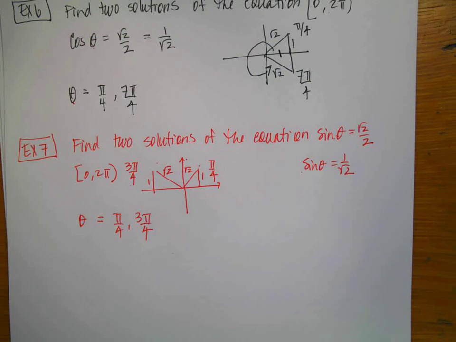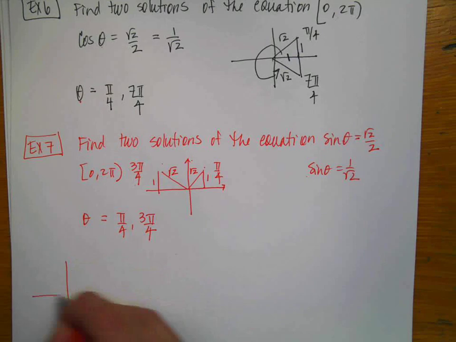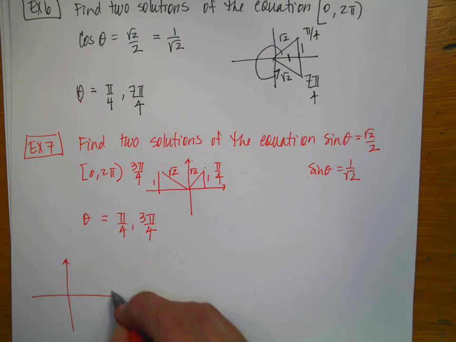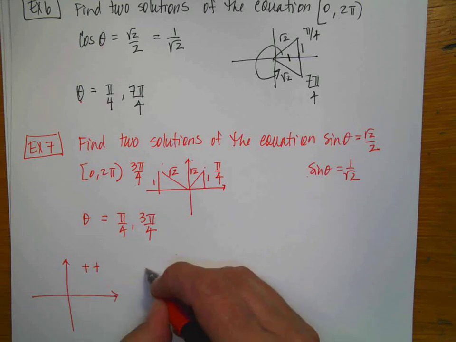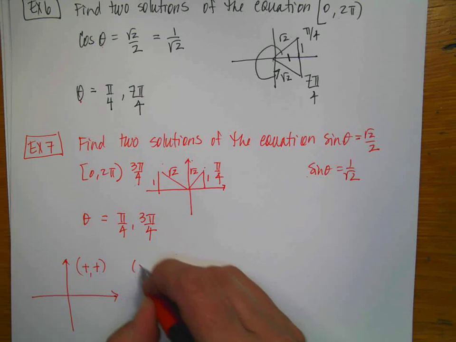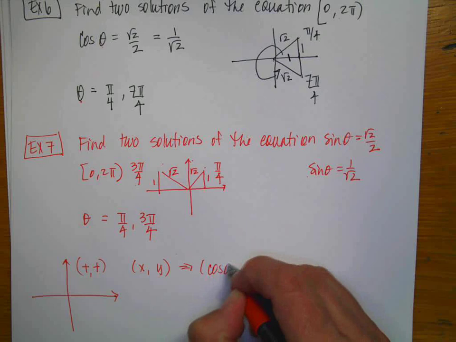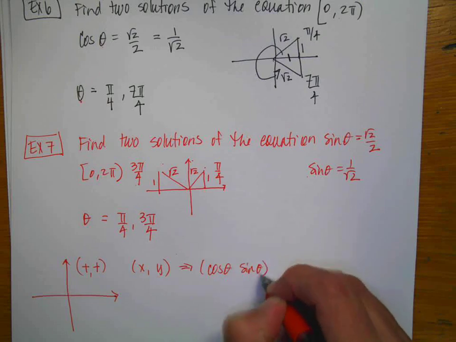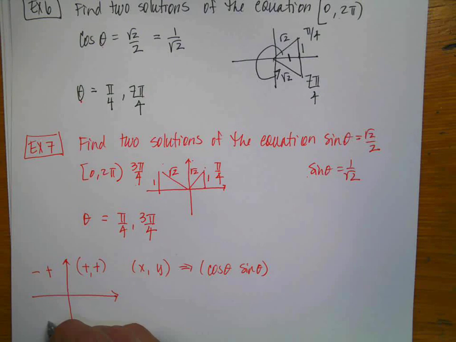So remember we talked about where sine and cosine are positive and negative. As we finish this lesson, in the first quadrant, this is positive, positive. Remember that the positive, positive technically is an ordered pair, x, y, which is also cosine theta, sine theta. In the second quadrant, it is negative, positive.